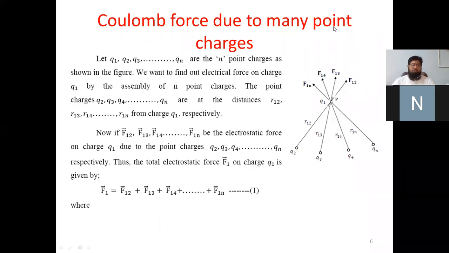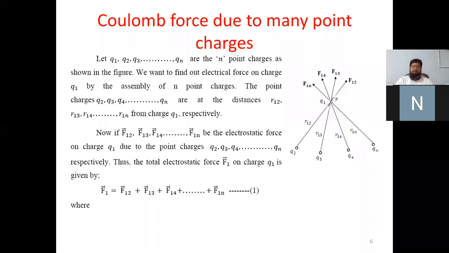Now, this Coulomb force is due to many charges. If instead of a single charge we have so many charges, for example Q1, Q2, Q3, Q4, up to Qn, it means we have n number of charges.